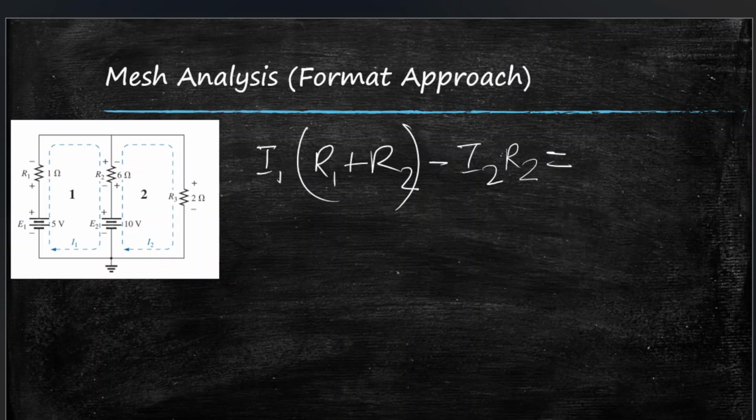So we have 5 volt here and 10 volt here. Now will we add them or subtract them? Now notice that we have E1 minus plus and then E2 plus minus, right? Wait, no, that's not how they're placed.